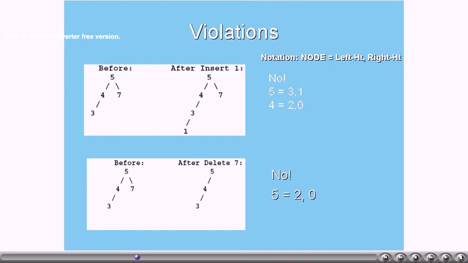Similarly, in the second figure, if you see, before and after deleting 7: before deletion, it has the AVL property. After deletion, the tree loses the AVL property. So we have to bring it to AVL form again. That requires some balancing.